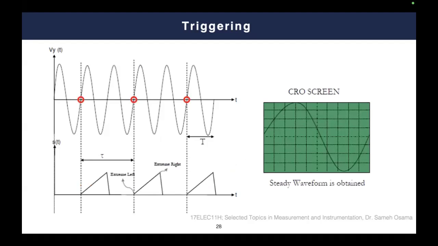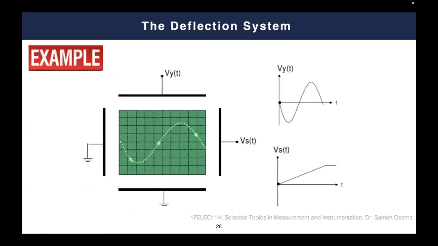A second important point is related to the trigger synchronization. When we make this graph, if you remember the graph I plotted on my whiteboard and even what we did here, we make a very trivial assumption that in one cycle of my input, which is the sinusoidal, I have one cycle of the sawtooth, which is the trigger signal.